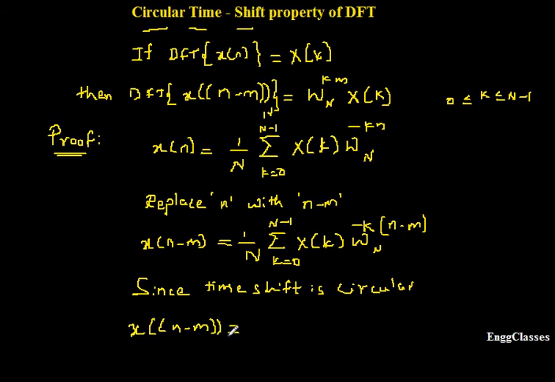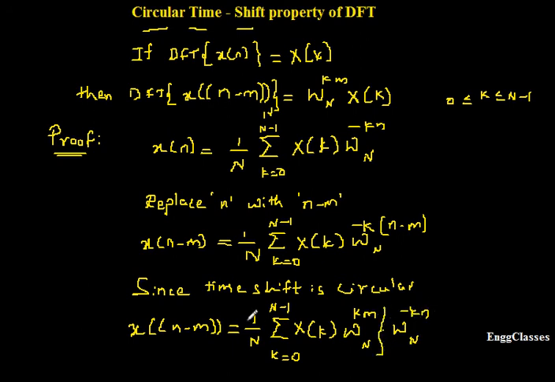So in digital signal processing, time shift is not the plain time shift, rather it is circular time shift. Hence I use the double parenthesis. 1 divided by N, summation k equal to 0 to N minus 1, X of k, then I have W_N to the power minus k minus m, I'll multiply, I'm going to get k into m, and I'm left with W_N to the power minus kn. So I'll just put a bracket for this.